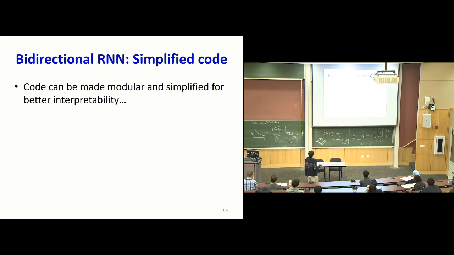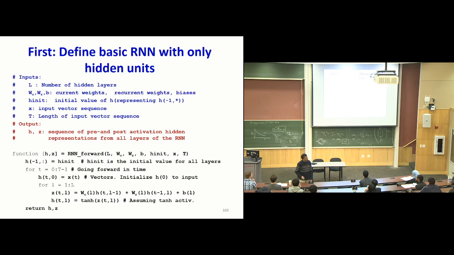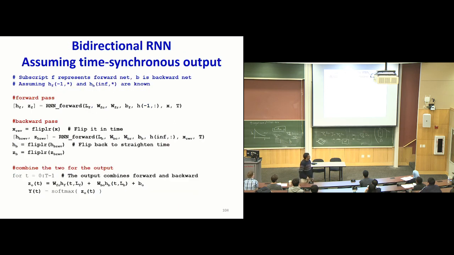Now, you can actually modify the whole thing. I've written this with one code doing the forward and the backward, but if you're smart, here's what you would do. You're just going to write a standard forward recurrent network with its variables, and then you would first pass your input through the forward network using the forward network's variables.